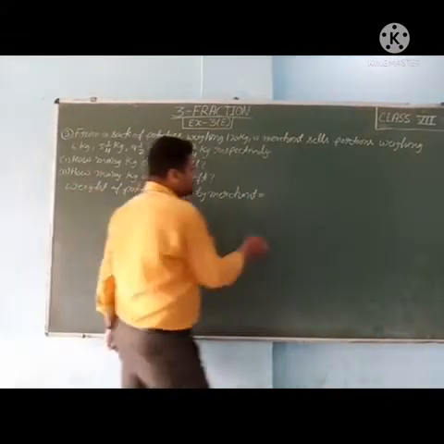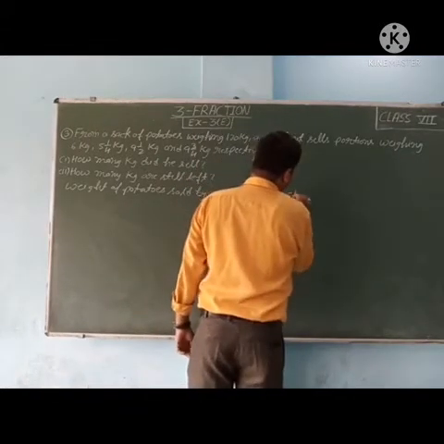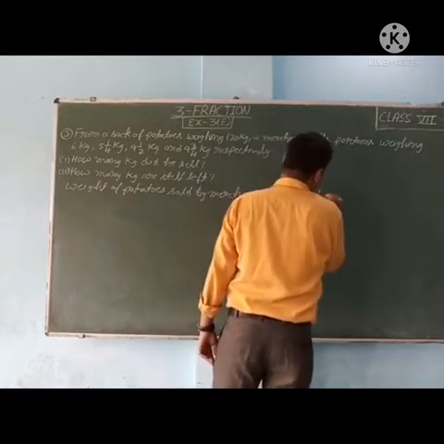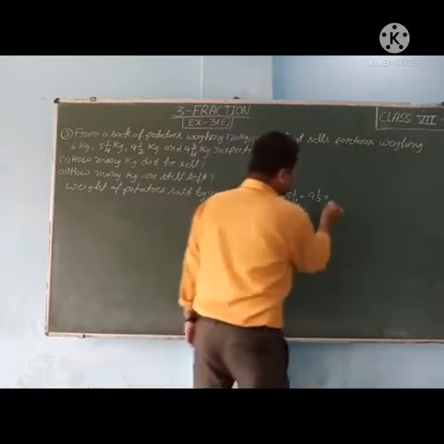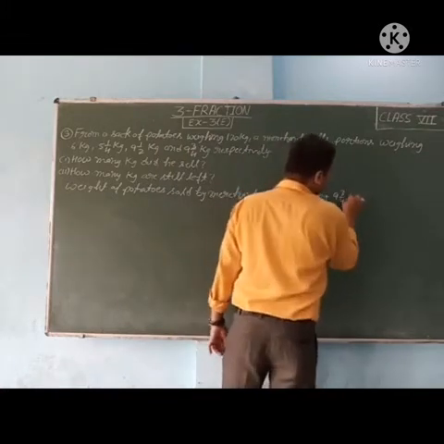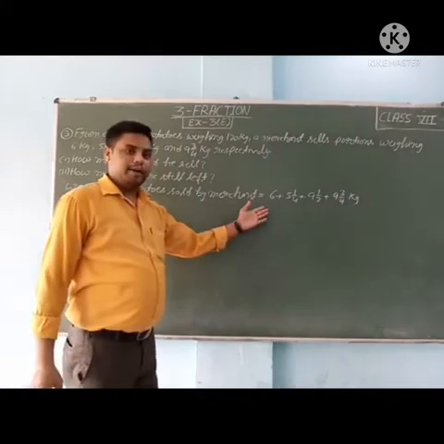So 6 plus 5 whole 1 upon 4 plus 9 whole 1 upon 2 plus 9 whole 3 upon 4, and in last we will write kg. So now we will add this.